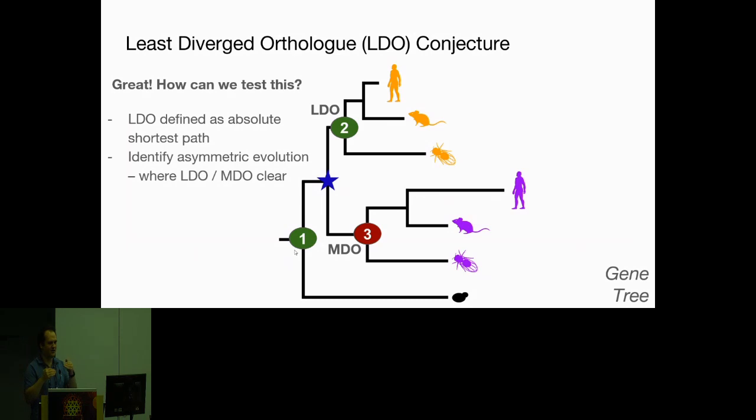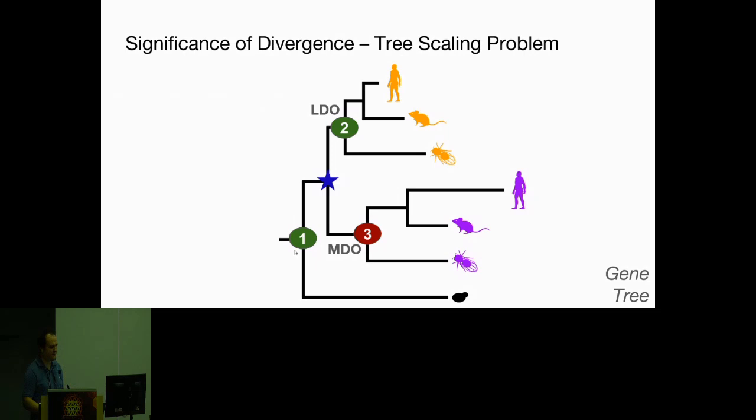So where you've got clear differences in the branch length following the duplication event, we needed some method for assessing each branch's significance from the divergence of the normal rate of evolution in the gene family.